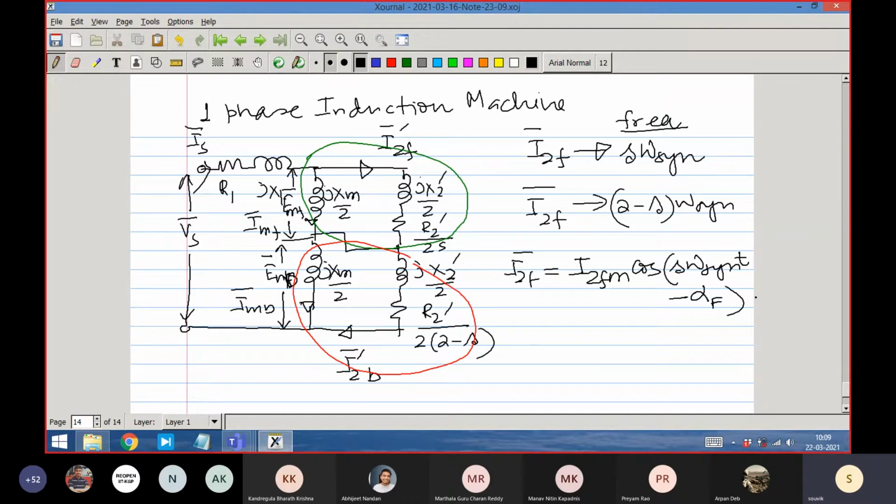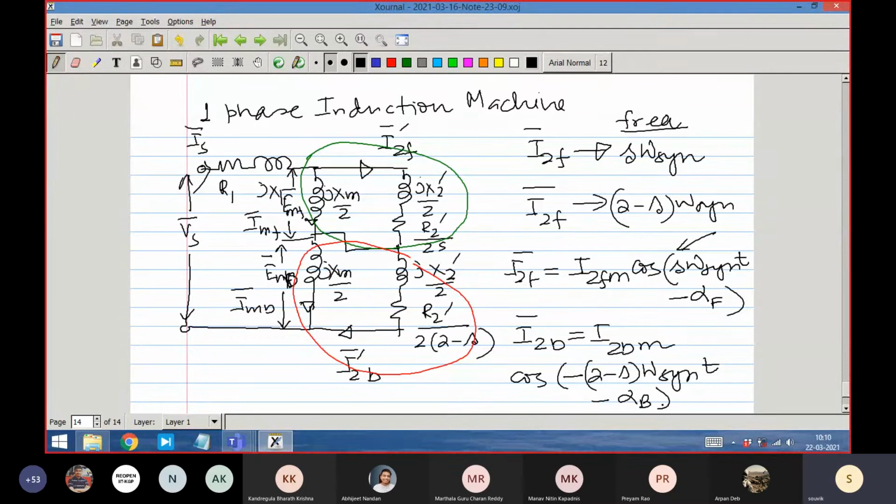This rotor current has a frequency component of S omega sin, but the rotor has another current as well, that is I2 backward, with a magnitude, qualitatively, I2 backward maximum and cosine of minus 2 minus S omega sin into T minus alpha backward, right?